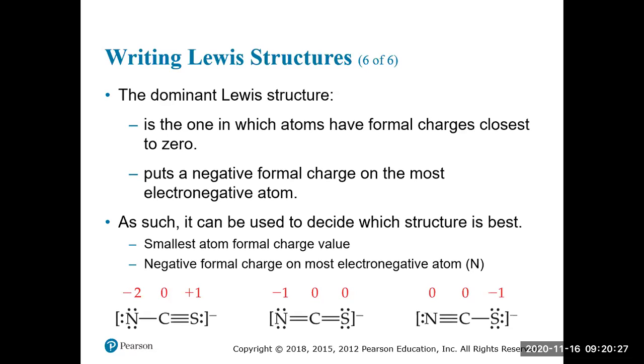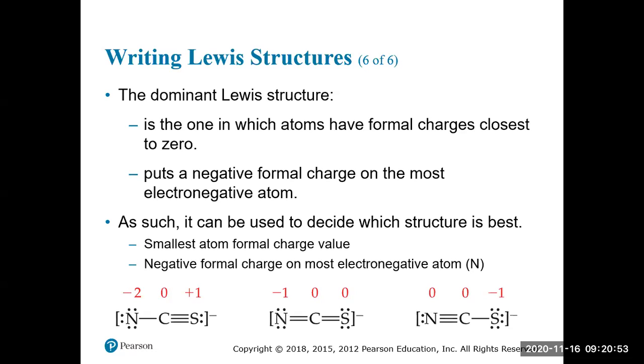That leaves us looking at the second and third structures. And both of those, in terms of that first requirement of formal charges closest to 0, are essentially the same. That brings us to our next point, the negative formal charge on the most electronegative atom.